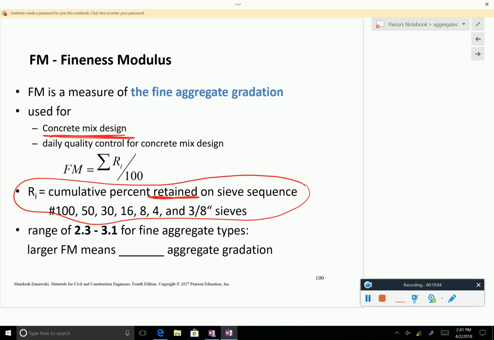That's the trick here, and that's why I wanted you to pay attention. It's retained. This is how it is defined. So it's actually coarser. It's called fineness modulus, but if it is larger, it's actually coarser.